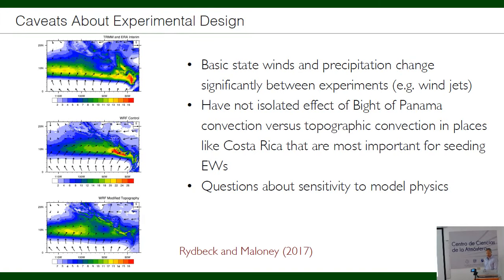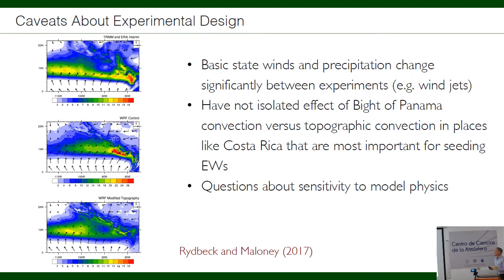All right, some caveats here about our experiment design. Our results with the model are suggestive, but they're not conclusive. One problem is that removing topography in the model not only removes this diurnal source of convection, but it also changes the background winds in the model quite a bit.